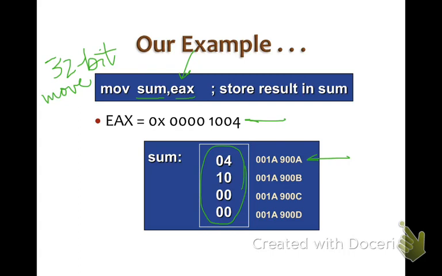Here's where this gets a little bit tricky, okay? What you'll notice, I have moved EAX into sum, but it's not stored the way I might have expected it to go, like this. And that's not how the Intel x86 family of processors stores byte information.